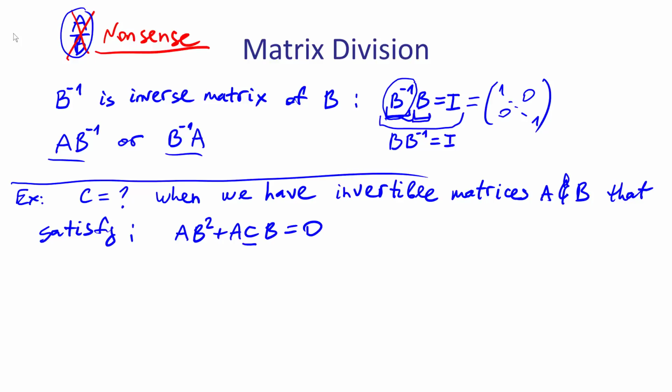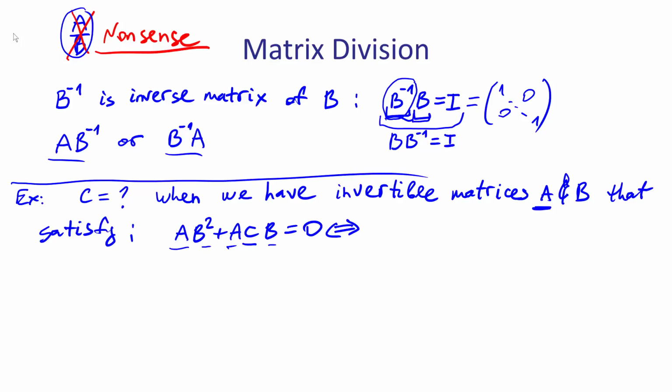Now pay attention that we have a clear temptation to cancel A and B with those things, but since you cannot divide by matrices, it will not make any sense. What you have to do is to multiply from left or from right by some invertible matrices to cancel some of the terms. For example, in this case, since we know that A is invertible, you can multiply from the left by A minus 1.